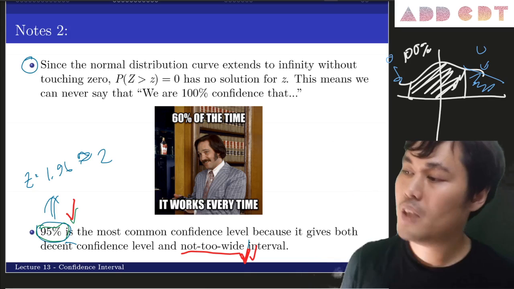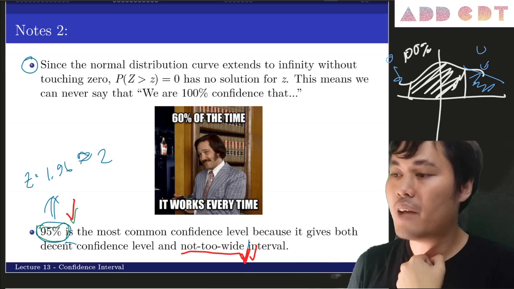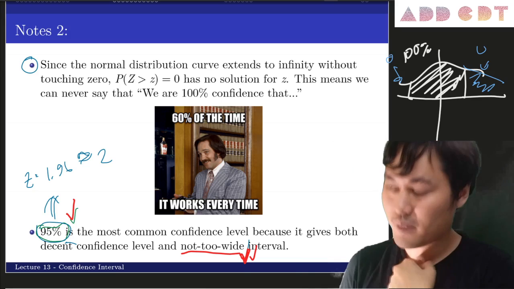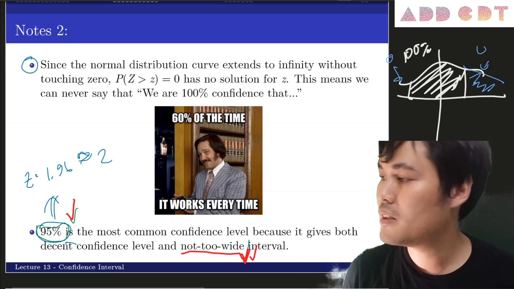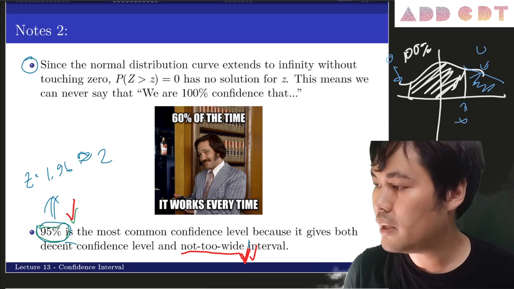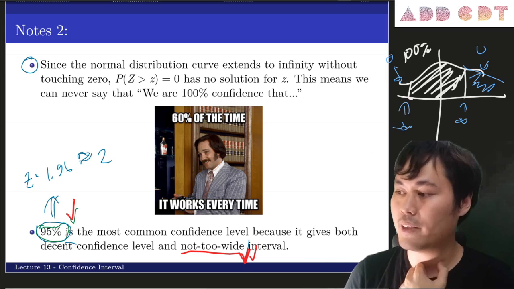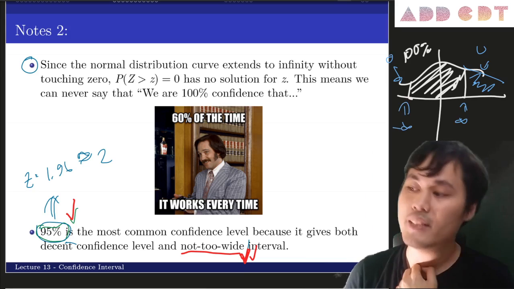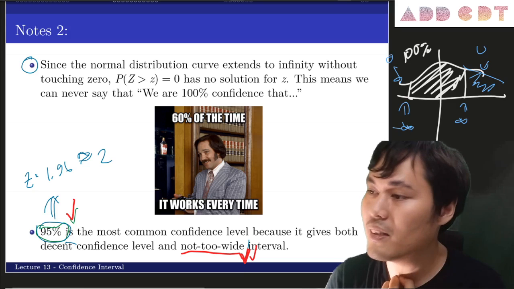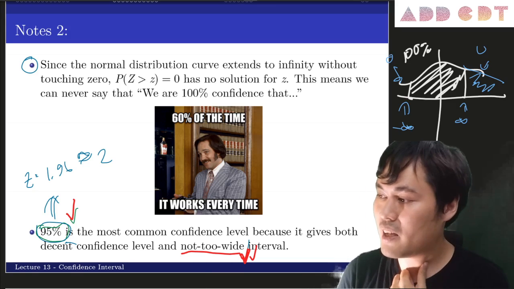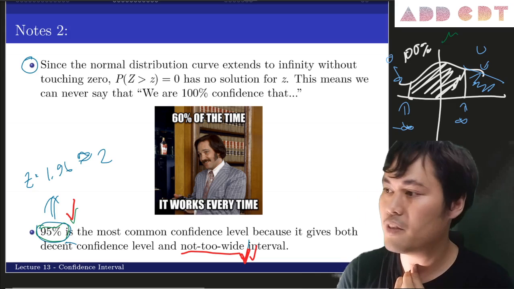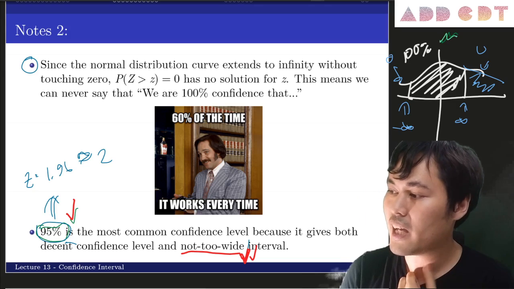So if we want to say we are 100% confident, then both these points have to be infinity and minus infinity. Is it possible? Yes, of course, but that means the actual value of mu can be anything.